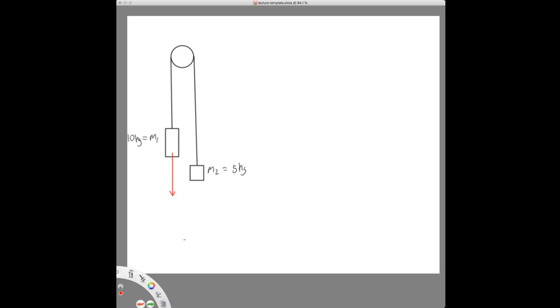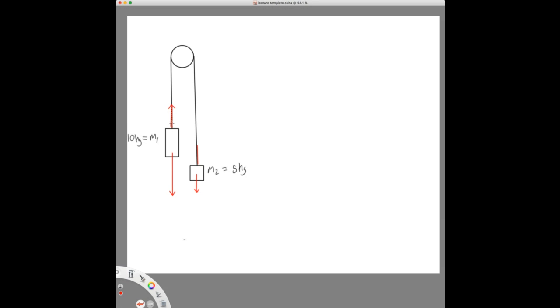Maybe that should be a little longer. Drawing them to scale just helps a little bit. It's not really necessary. Then on each mass, we're going to have tension. I know that the tension has to be bigger than the force of gravity 2 so that mass 2 can go up, and it has to be smaller than force of gravity 1 so that mass 1 can go down.